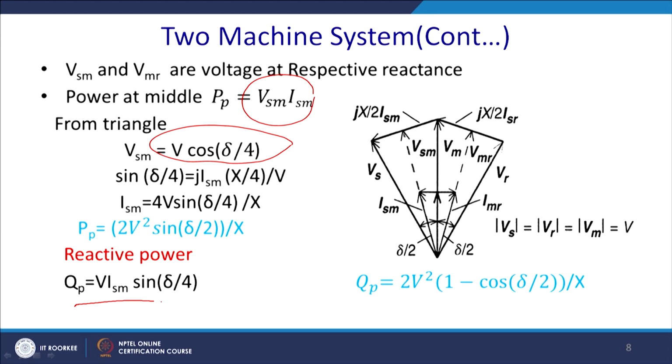In the same way, let us talk about Q. You will find that it is 2 V square into 1 minus cos delta by 2 over x. So, straight away we can find that this power equation has been modified. Now, let us plot it.